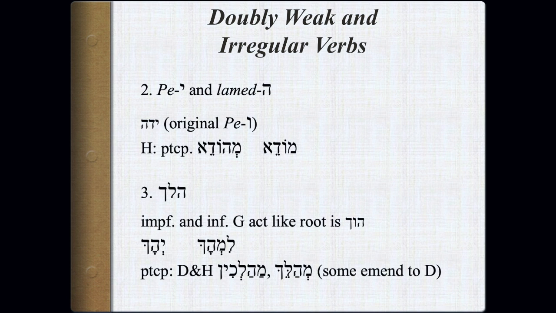So, for example, the forms yahach and limchak, notice that the lamed is missing in both cases. On the other hand, in the participle in the D and H, you do have forms that are based on halach.